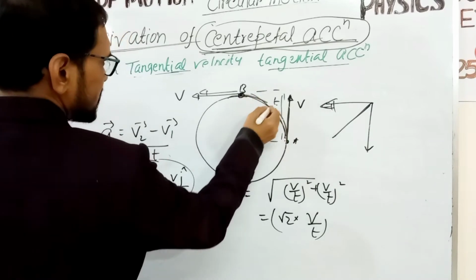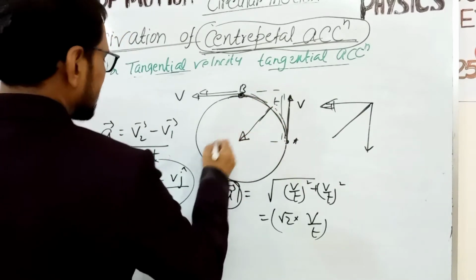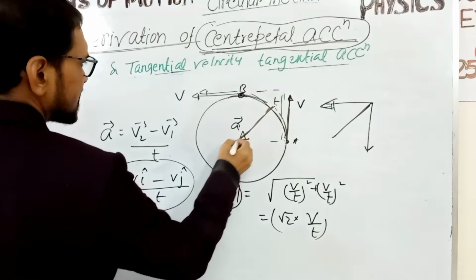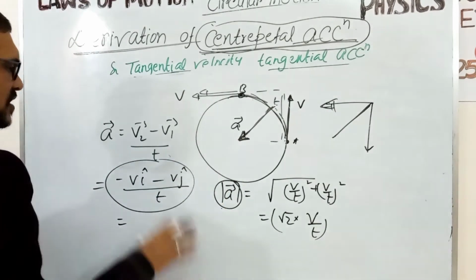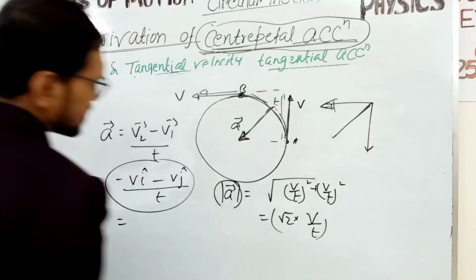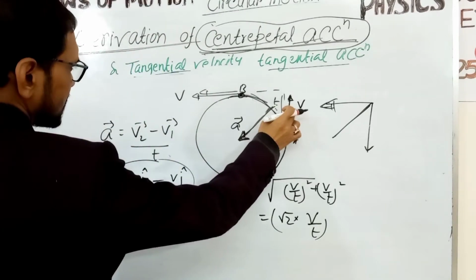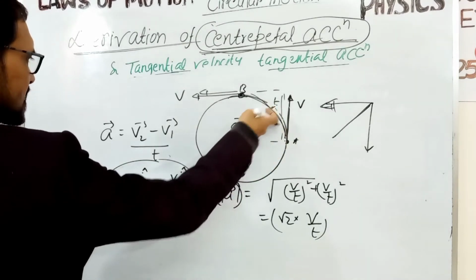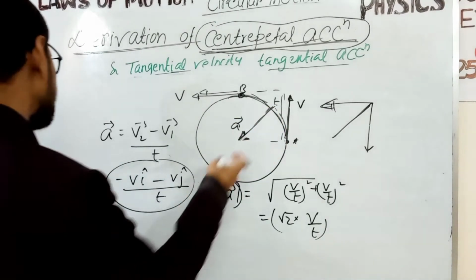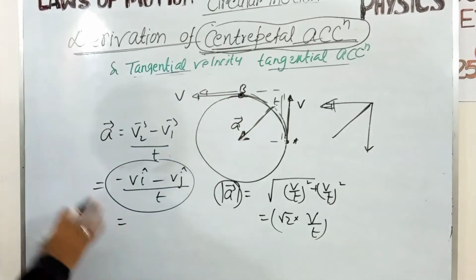So this is the direction of acceleration, and this acceleration is towards the center. So this is the centripetal acceleration. When the direction of tangential velocity changes, then an acceleration is developed towards the center of the circle. This acceleration is called centripetal acceleration.